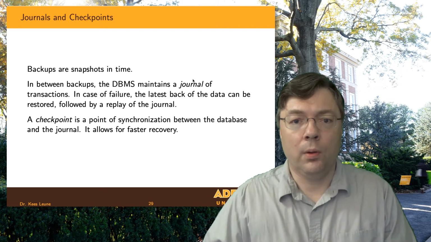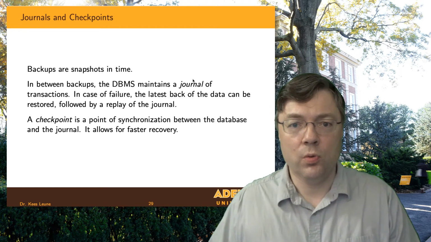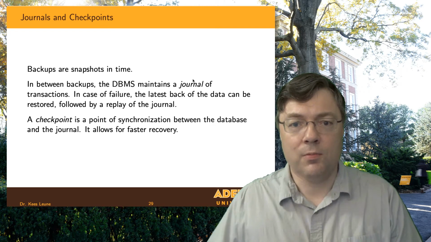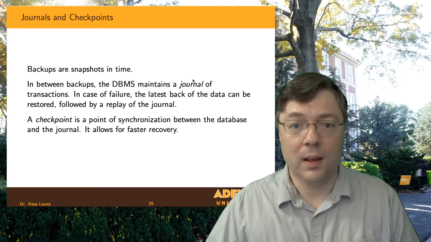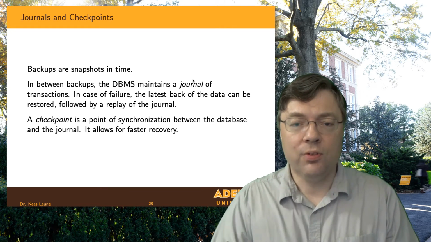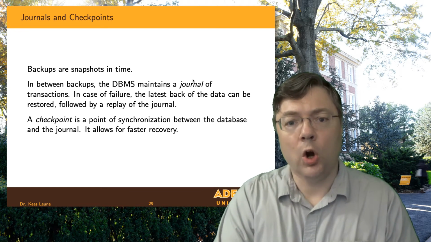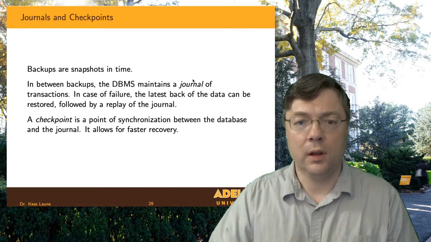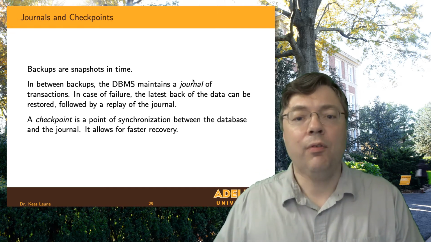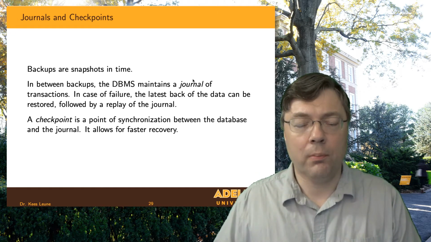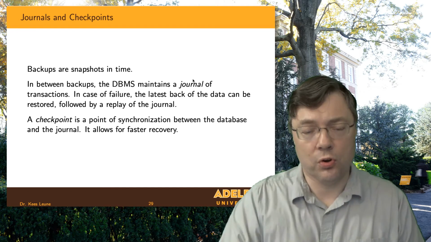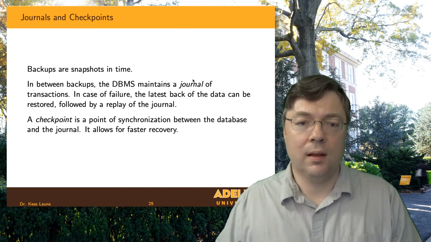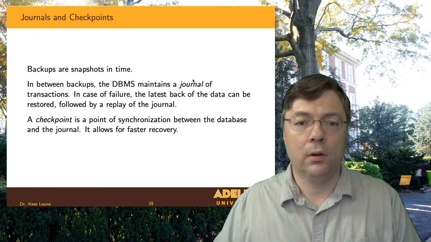And so what many database management systems do is maintain a journal of activity. That basically means that the database management system knows when it's being backed up and keeps, from each backup going towards the next one, a record of all the transactions that are successfully committing to the database, so that if a database has to be restored from backup, we can replay that journal of transactions and recreate the database up to the point that the electrical failure occurred.